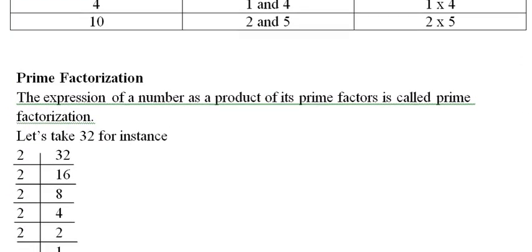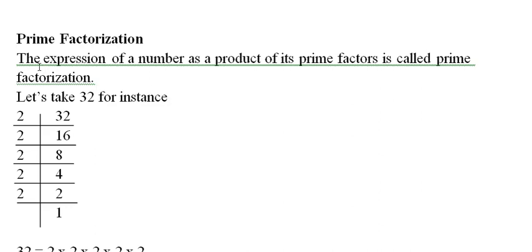Now what is prime factorization? Let's move on to this part. Prime factorization is the expression of a number as a product of its prime factors. Let's take 32 as an example. So 2 can divide 32, 16 times. And again 2 can divide 16, 8 times. Now again 2 will divide 8, 4 times.